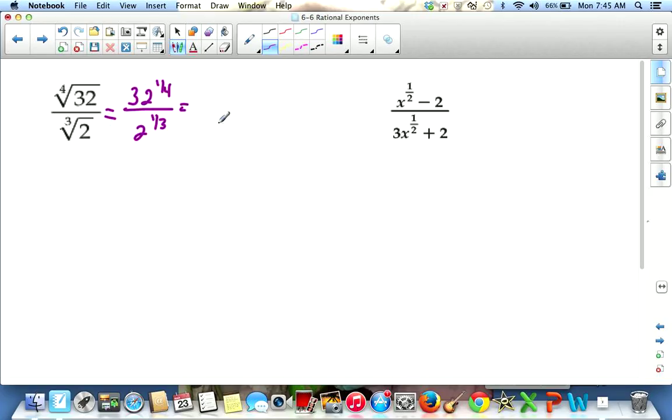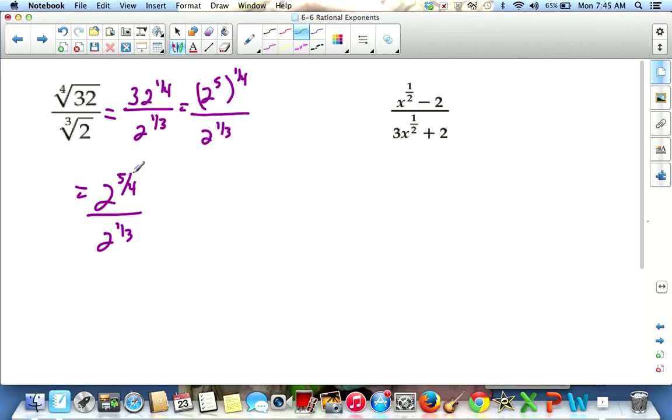And so then when we do that, we can write 32 as a base of 2, and it's 2 to the 5th, and then we still have 2 to the third. So this is going to be 2 to the 5/4 over 2 to the 1/3.